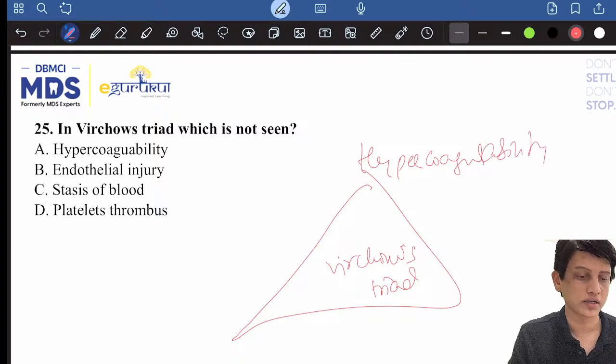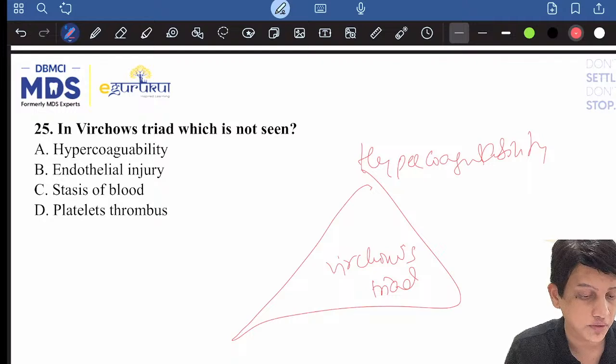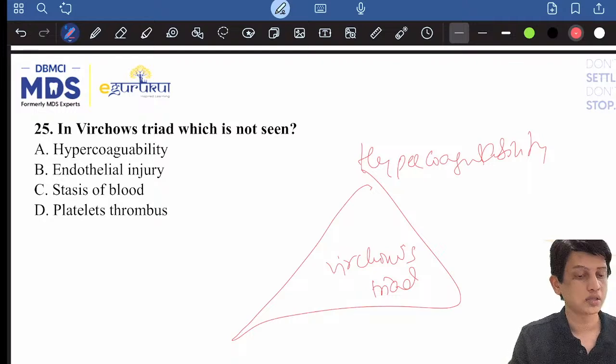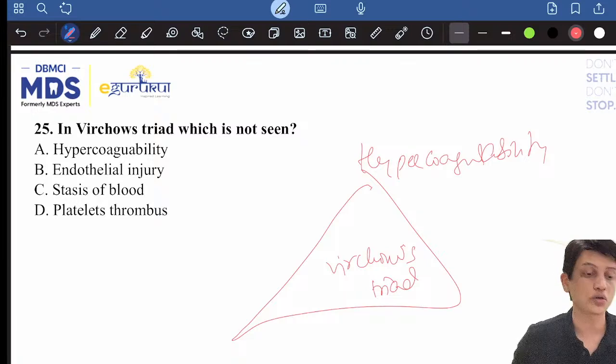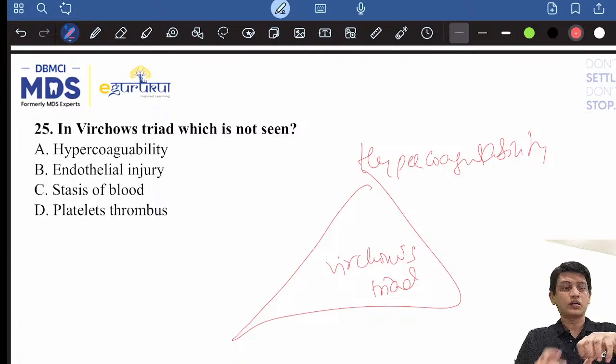Sir, for superficial abrasion, what will be the answer? It's secondary intention only. Epithelialization and the primary intention? For superficial abrasion, yes, epithelialization.